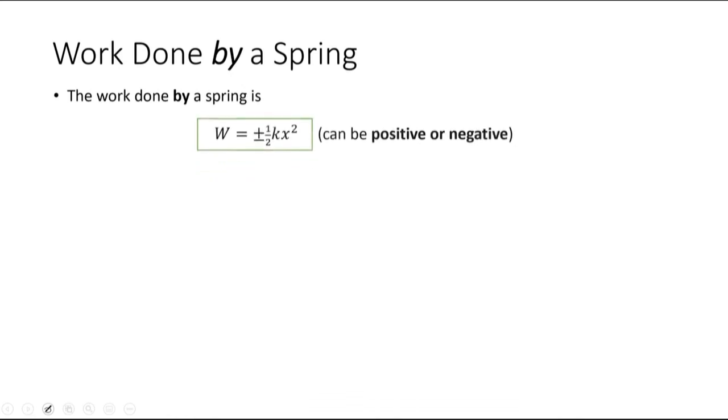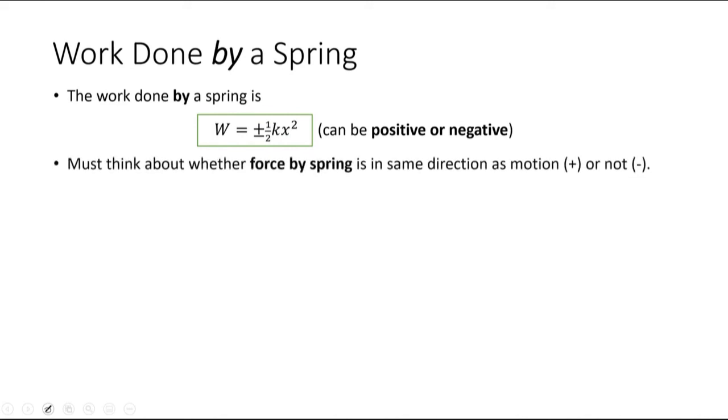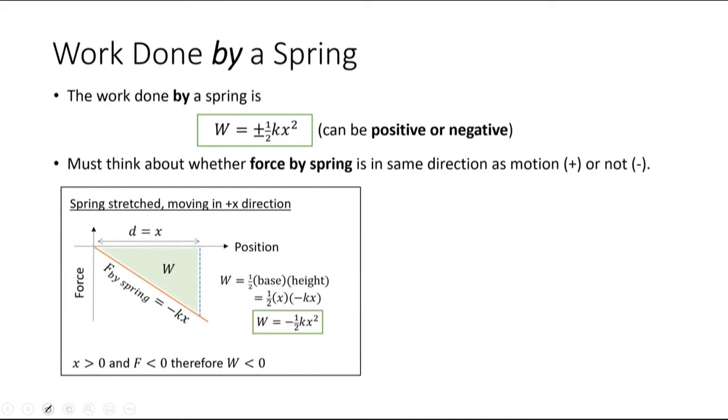And so for work done by a spring, it turns out it's still 1/2 kx squared, but it can be positive or negative. That's because the force exerted by a spring is F equals minus kx. But in this case, you could have a force that's parallel or anti-parallel to the direction of motion, or the displacement, of the spring.